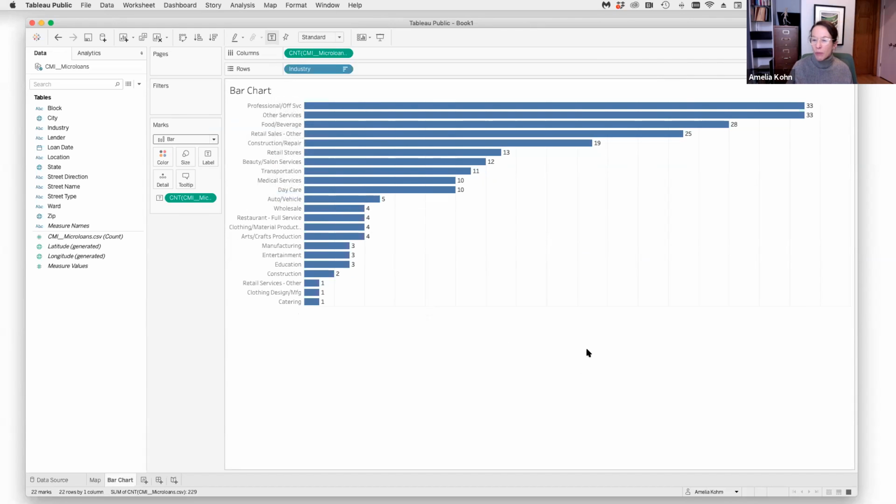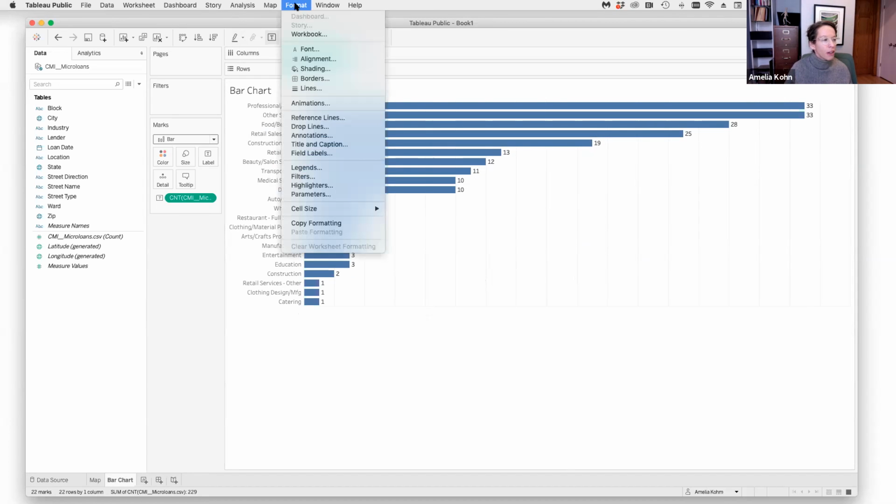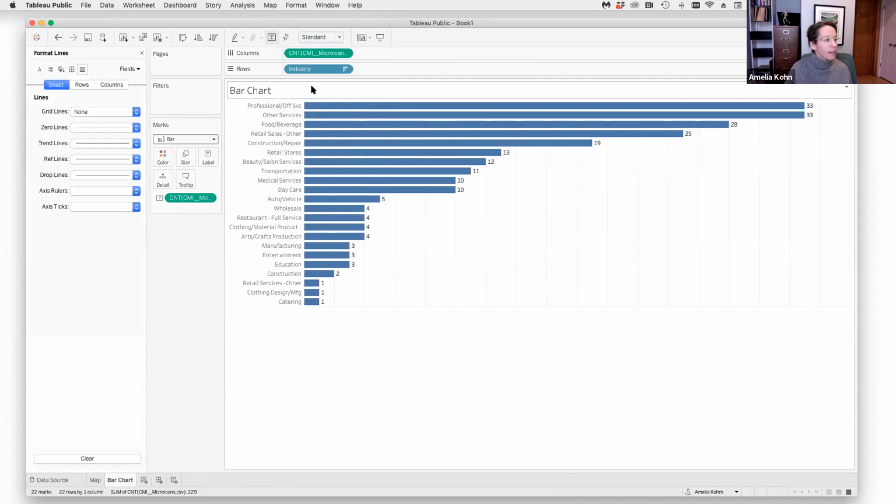And then we talked about reducing the data to ink ratio. I just want to get rid of some other distracting visual elements like these grid lines. So to do that, I'm going to go back to that format menu and choose lines. You can see I could look at lines that are on the whole sheet, on rows, or on columns. These are column grid lines, so I'm going to choose columns.